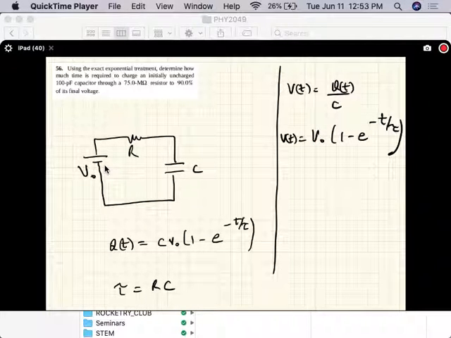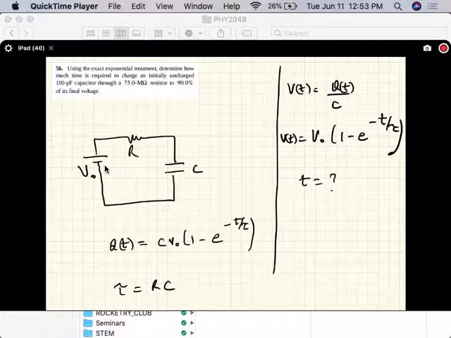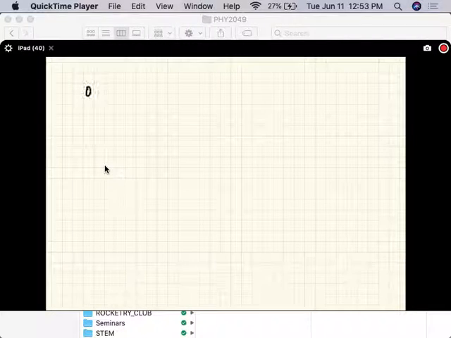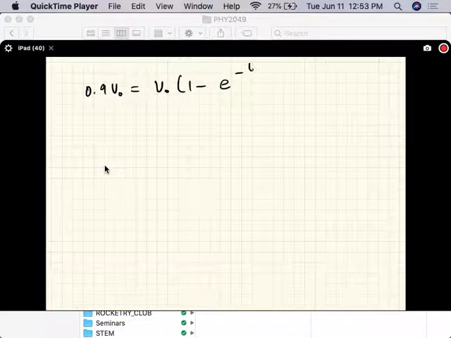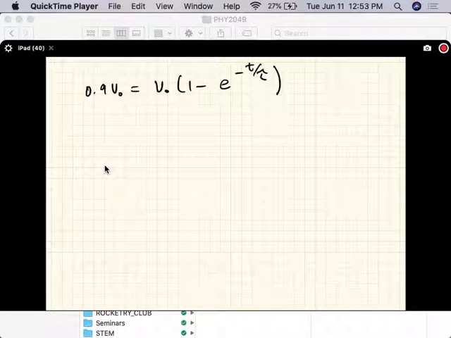Okay. So what they want you to find is, what is t such that V(t) equals 90% of the final voltage. So we want 0.9 V naught equal to V naught (1 minus e to the power of minus t by tau).